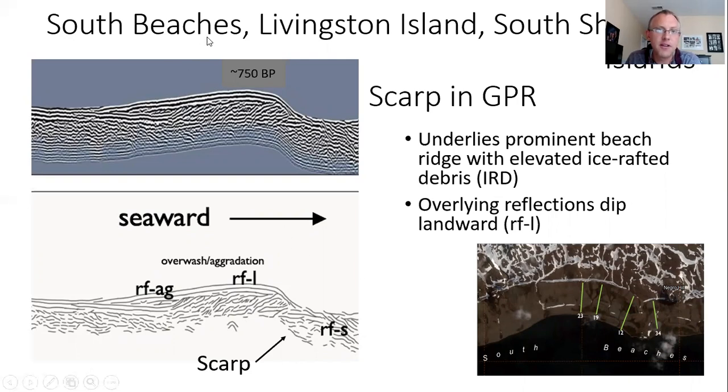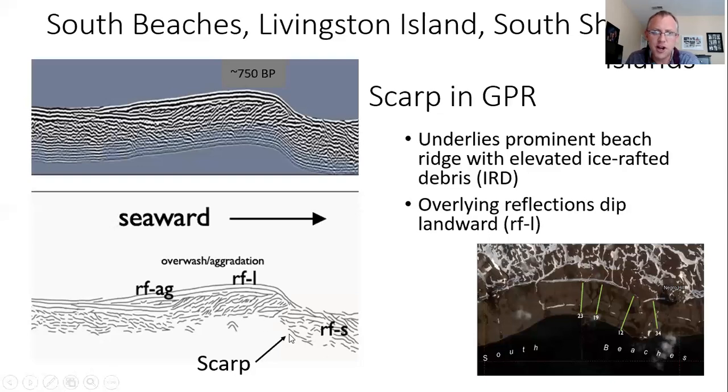Now, this isn't the only place that we see buried evidence of erosion within beach ridges. Here within the south beaches of Livingston Island, we generally see an overall progradation, or seaward dipping reflections, but it's interrupted by a couple prominent beach ridges that show landward dipping reflections overlying an erosional scarp.